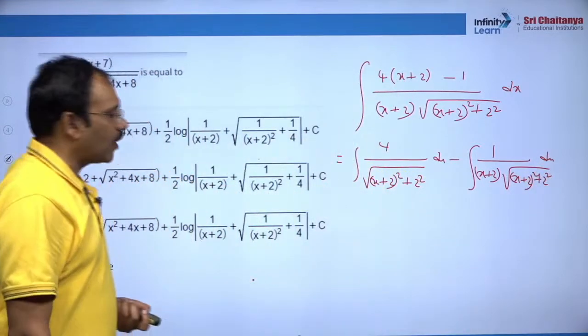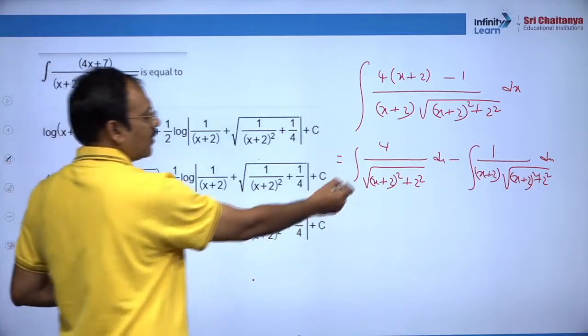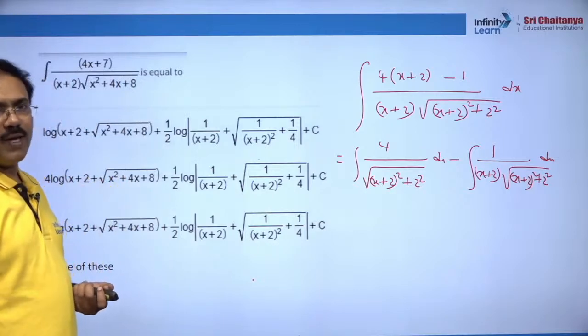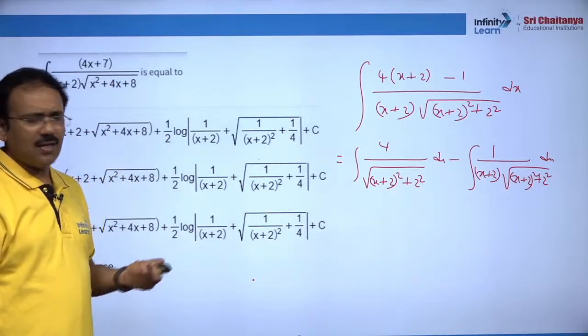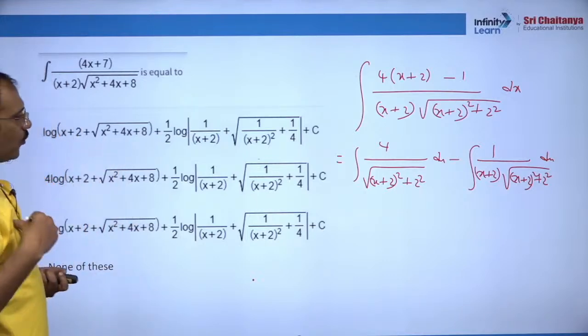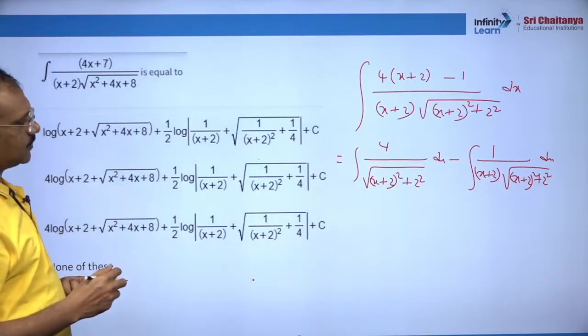So we have a standard formula here. This is like 1 by root of x square plus a square; 1 by a comes out, sin h inverse x by a, right. That is log of x plus root of x square plus 1. This is 4 into 1 by a, means 1 by 2 kind of, you will get.